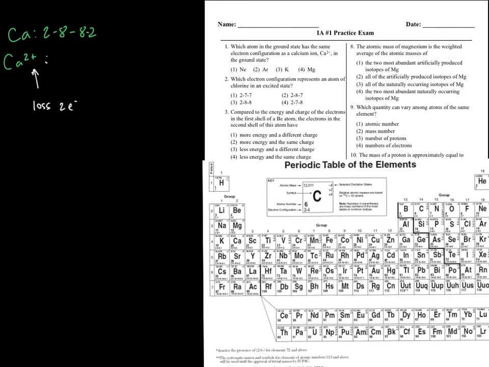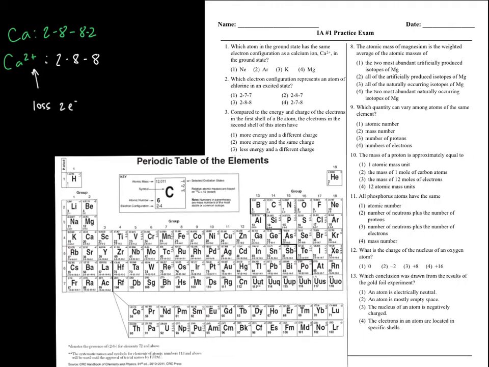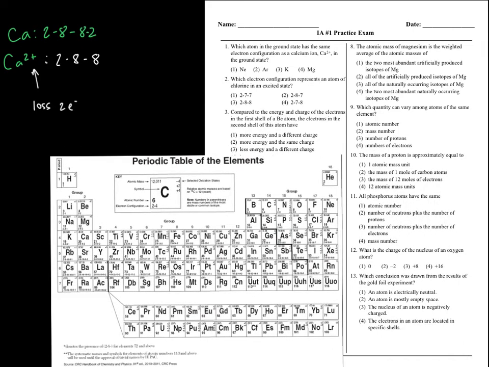That means our electron configuration for Ca2+ will be 2, 8, 8. And we're looking for the element that has that ground state electron configuration, 2, 8, 8. That will be this one right here, argon, number 18. So our answer here is choice 2 for number 1.